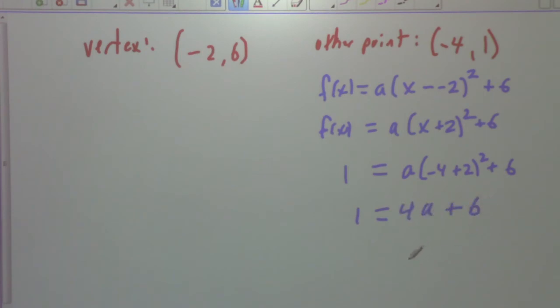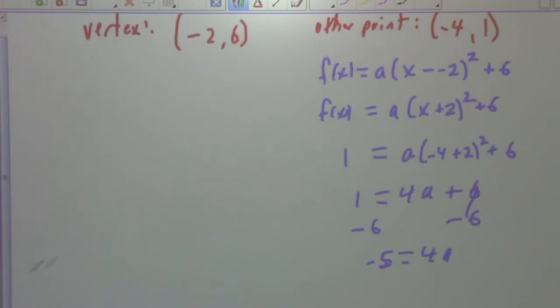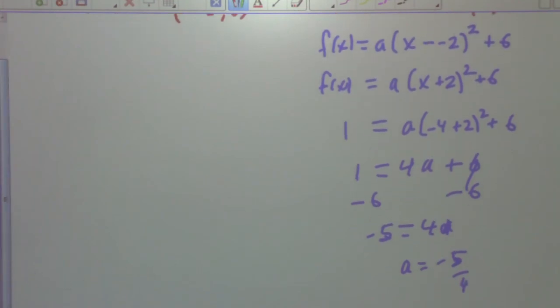What next? Subtract 6. So we get negative 5 equals 4a. So a is equal to negative 5/4. Let me make sure that's right, so a is negative 5/4, okay?